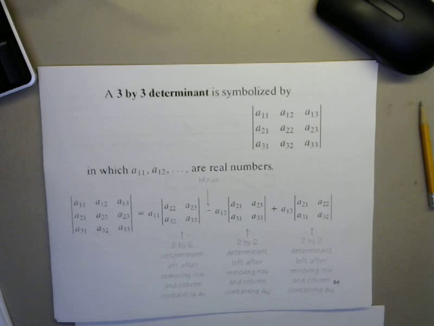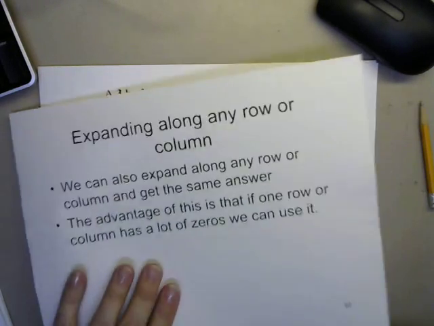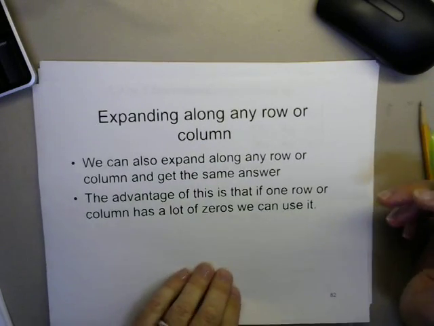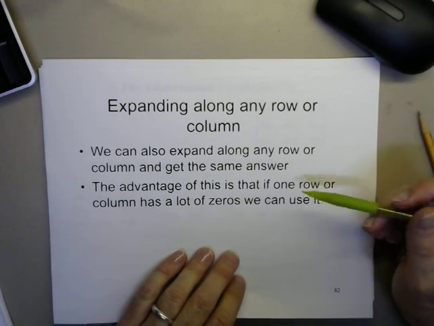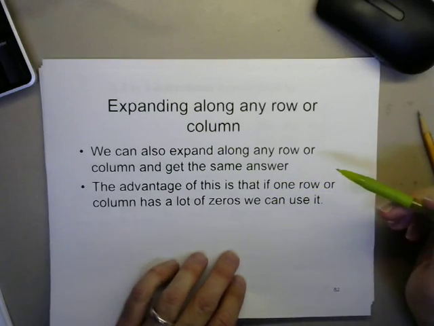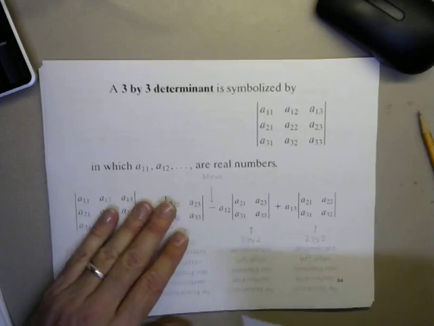In this case, you can actually expand along any row or column. The advantage of this is that if you have a row or column with lots of zeros in it, it's easier to compute that way.